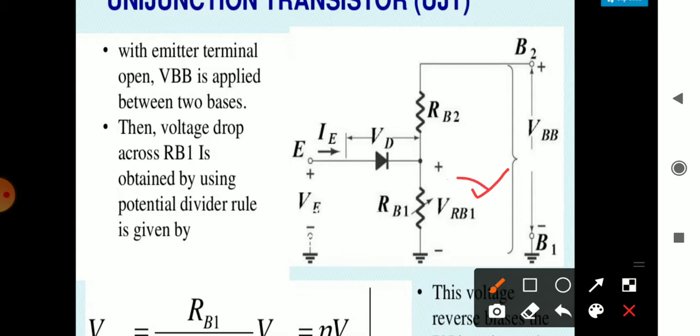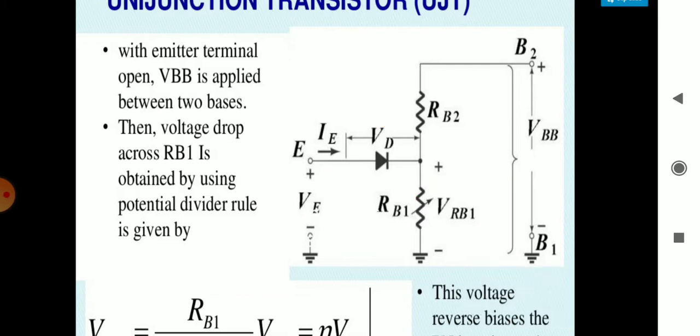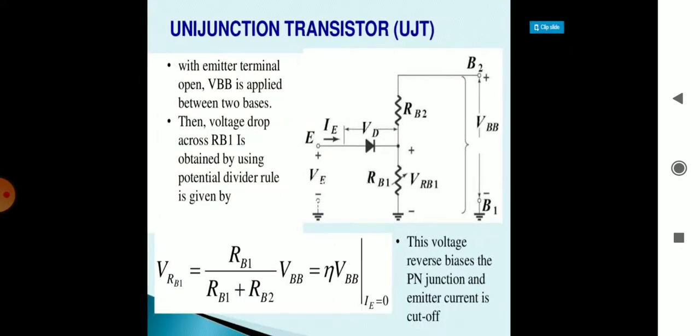What will this drop do? Because of this polarity, the drop across RB1 will reverse bias the diode. So what is the value of this VRB1?